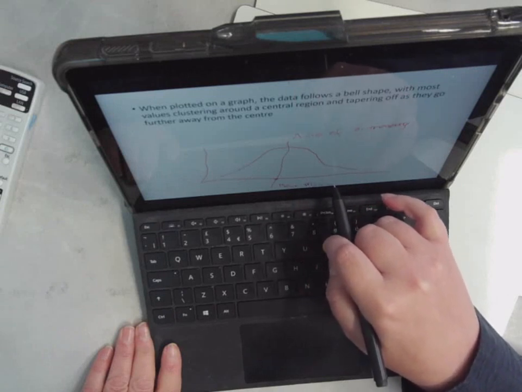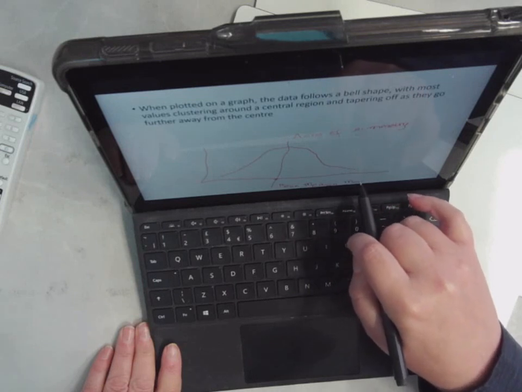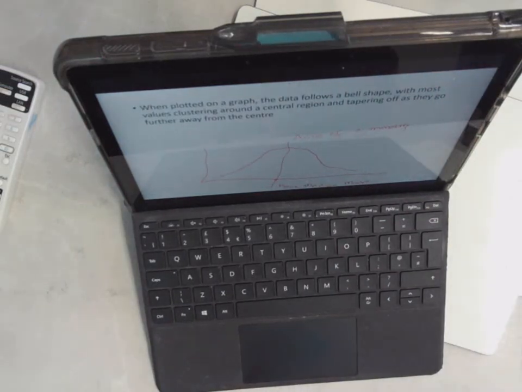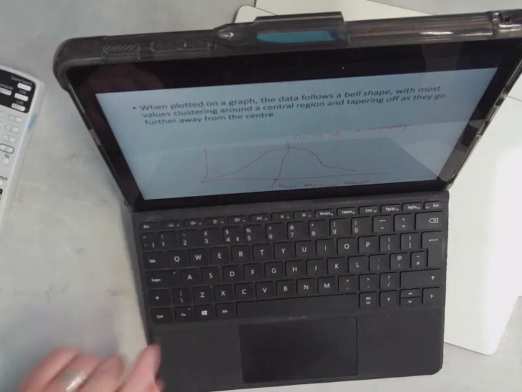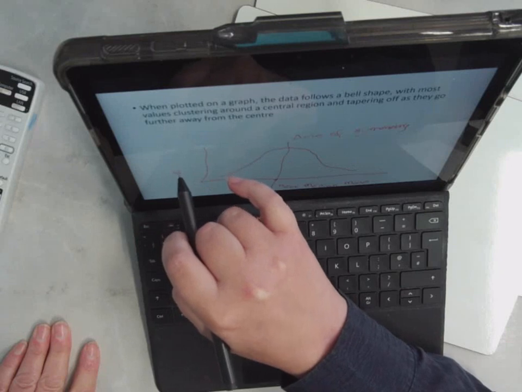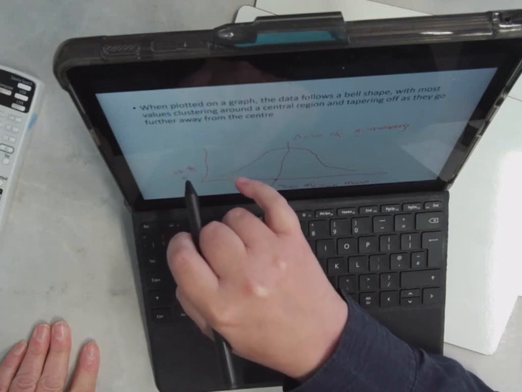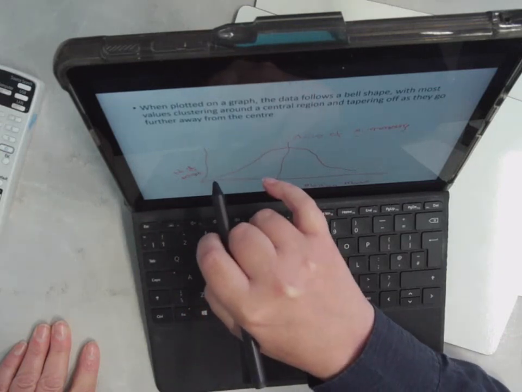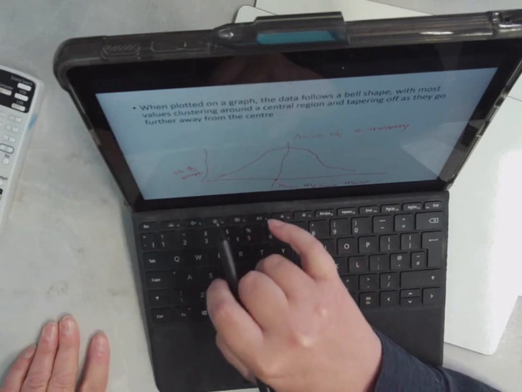Okay, so remember there'll be numbers on this x-axis because this x-axis represents height, IQ, results in a maths test. And on the y-axis, it's the number of people. So if it was the maths test, this is the low mark, so this is 5%, we'll say. Very few people got 5%.